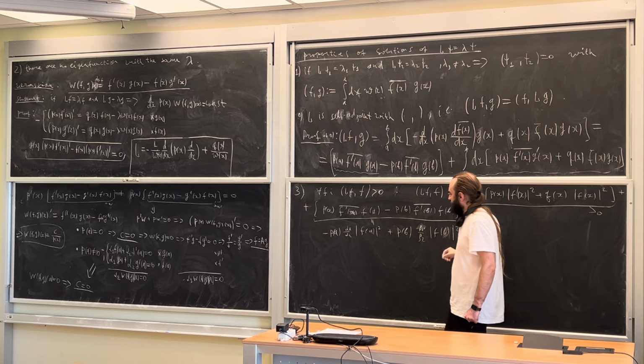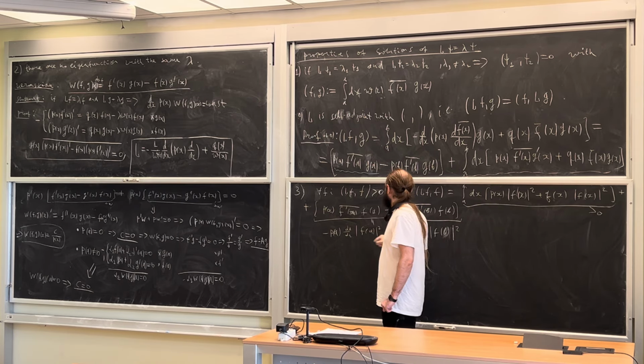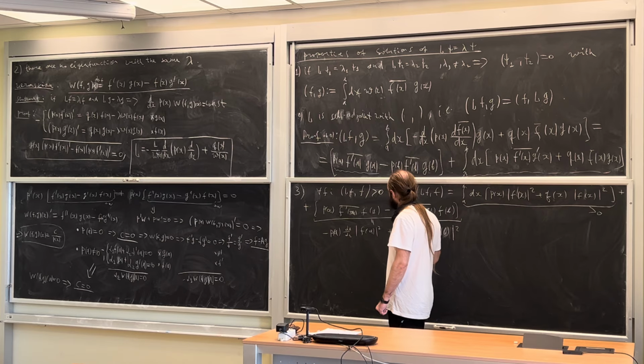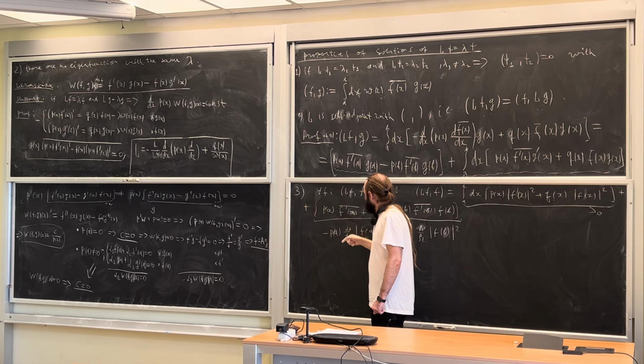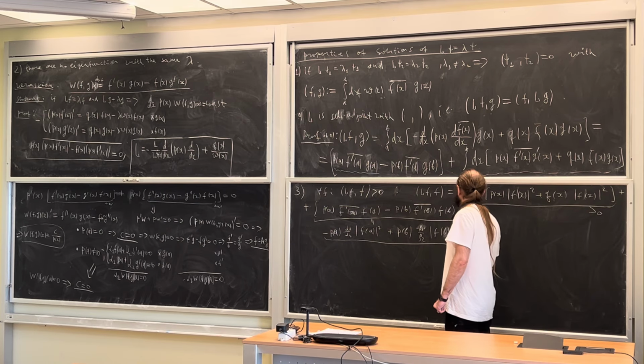There were conditions like alpha 1 times alpha 2 should be negative and beta 1 times beta 2 should be positive, if I do not miss those signs. So this expression should also be non-negative.